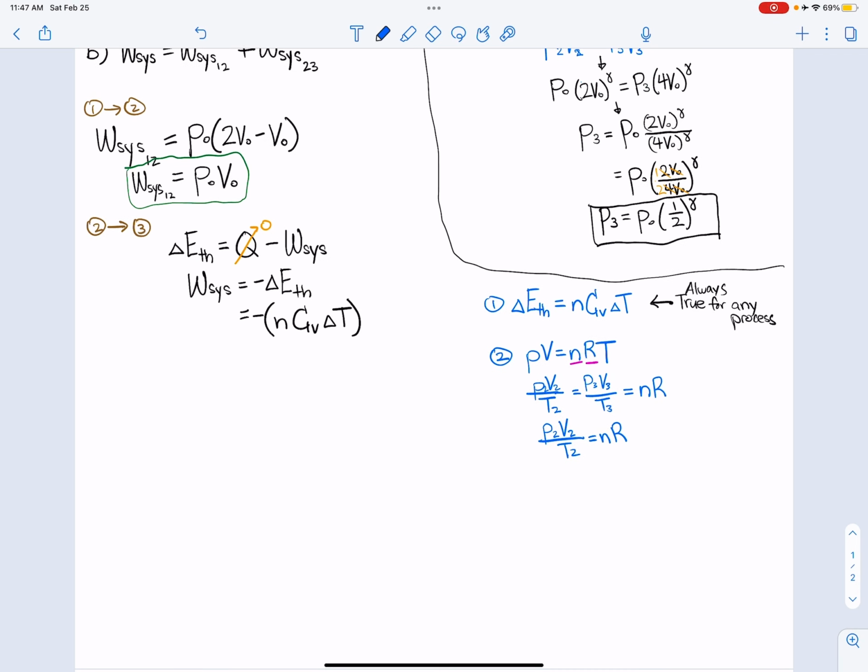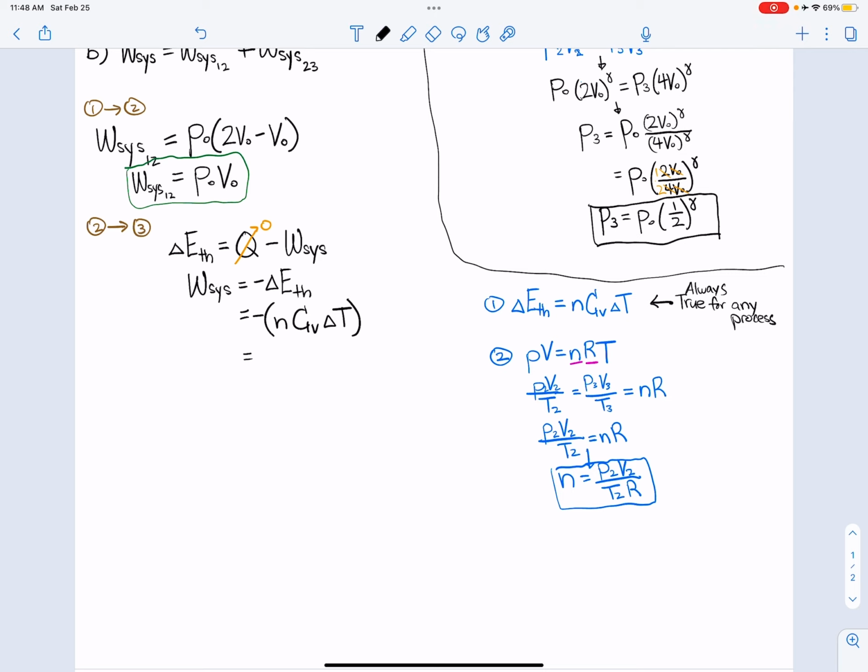So I could say that n is equal to the pressure at state 2, the volume at state 2, over the temperature at state 2 and R. Okay? So I'm going to replace n with that.